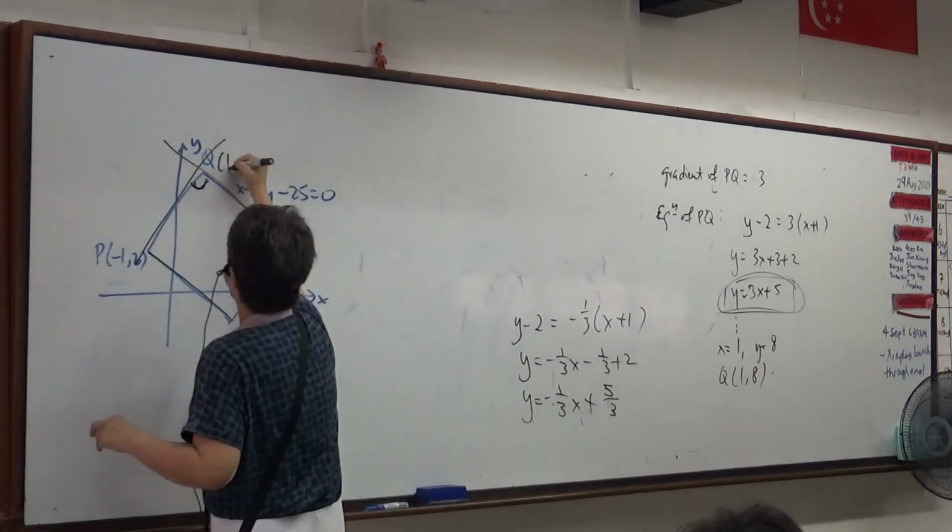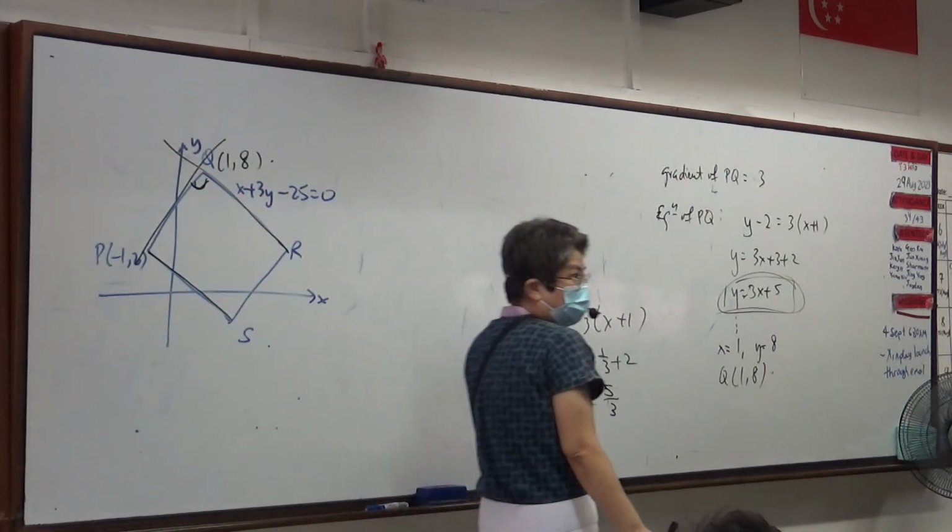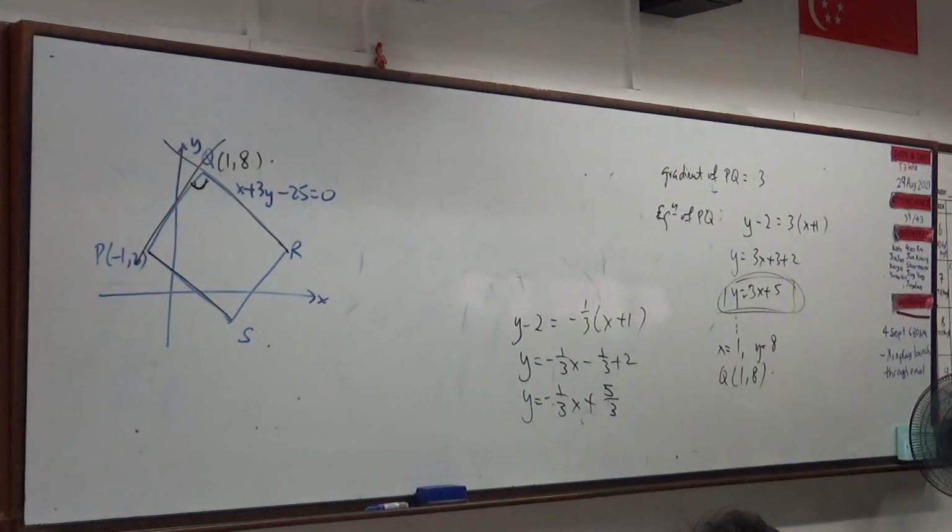This one I know is 1/8. Correct? How do I find it? How do I find the coordinates of R and S?